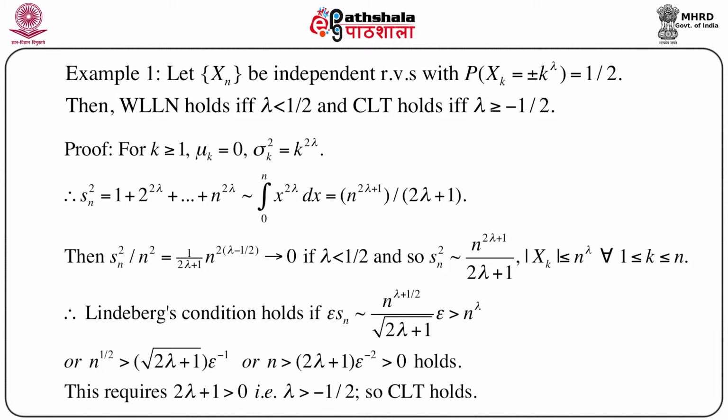Now, this requires another condition, that is 2 lambda plus 1 must be positive. That means lambda must be greater than minus half. So, Lindeberg's condition holds if lambda is greater than minus half, and in that case the CLT will also hold. So, we have proved that the CLT holds if and only if lambda is greater than minus half. We will consider the case when lambda equals minus half separately, although it is very easy.